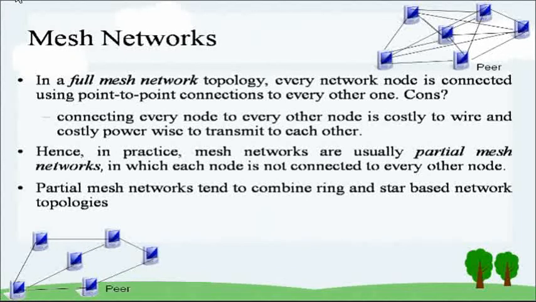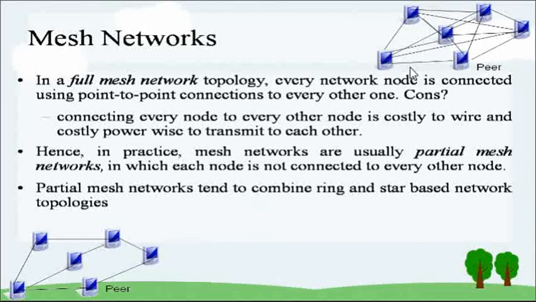Next in line, we are going to talk about mesh networks. So we already know a mesh network is a network where each node in the network is connected to every other node. In a full mesh topology, as you can see, every network node is connected using a point-to-point connection to every other one.